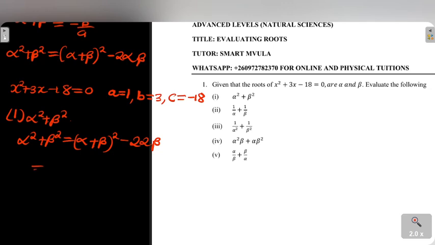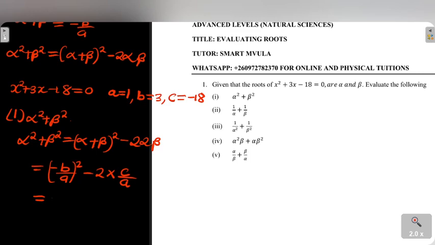Then this now will give us alpha plus beta, that's negative b over a, squared, minus 2 times alpha beta, that's c over a. So we just have to substitute.